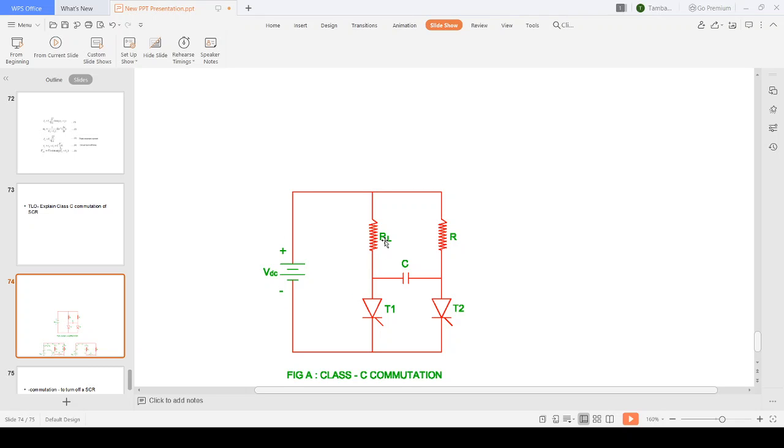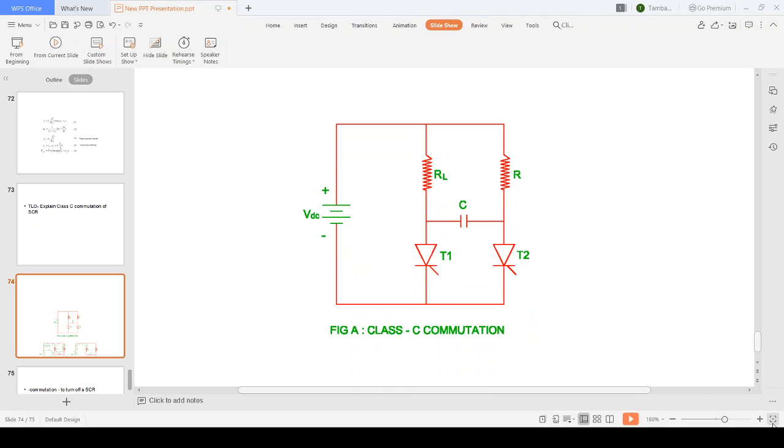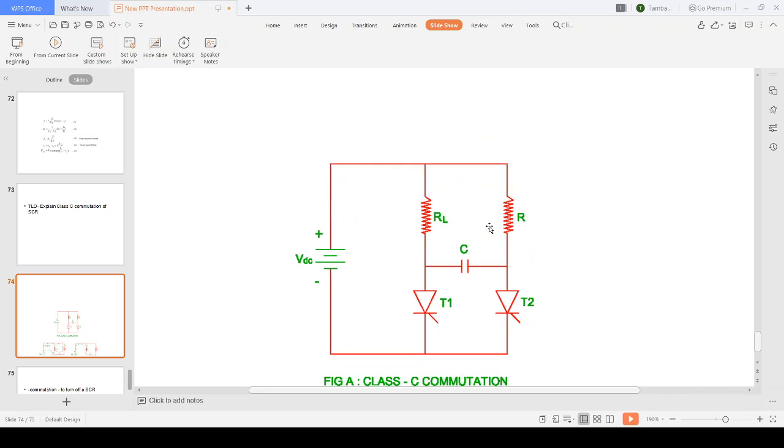On the right hand side, it consists of resistor RL, resistor R, and capacitor C. T1 is thyristor 1 or SCR1, T2 is thyristor 2 or SCR2, and it is a circuit diagram for the Class C type of commutation circuit.